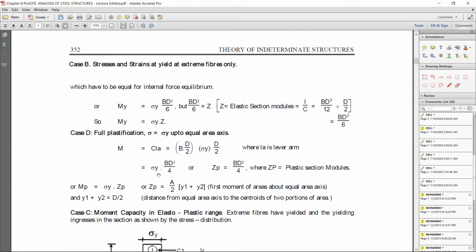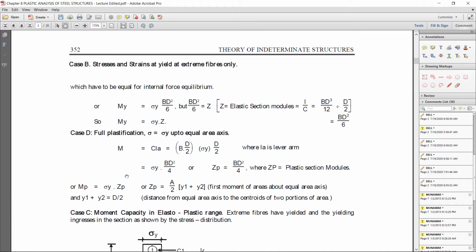Sigma y times the answer becomes B D square by 4, and you can see sigma is the stress and the plastic section modulus is B D square by 4. In the elastic case the section modulus is B D square by 6, and in the plastic case, when the whole section is under plastification, the plastic section modulus is B D square by 4.